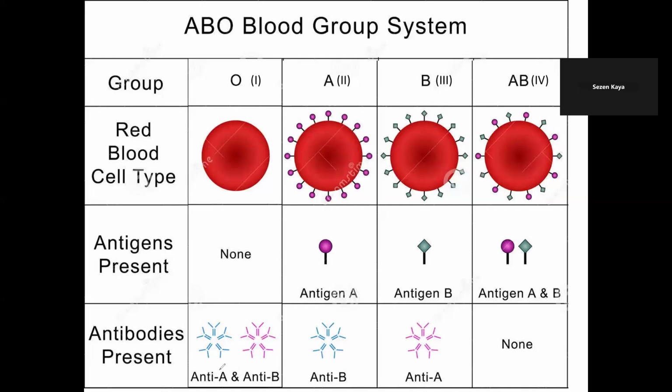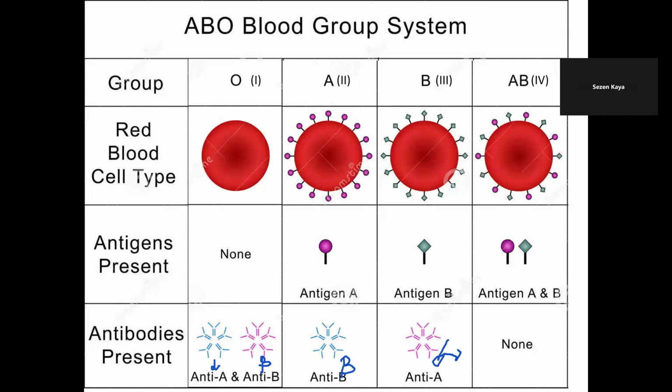Sometimes they are named anti-A, anti-B, but the real names are alpha and beta. For the second group, in the blood plasma, we have beta antibodies. For the third one, we have alpha, or anti-A, and for the fourth group, in the blood plasma, neither alpha nor beta.